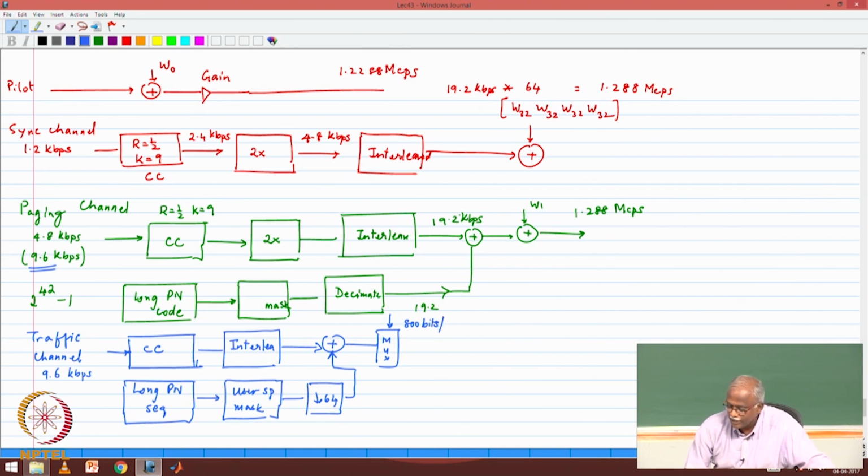It's at 19.2 kilobits per second. So you puncture some number of bits at 800 bits per second. Now which bits you puncture is going to be told by this sequence. So basically this long PN sequence, user specific mask, downsampled by 64, is going to scramble it, and it's also going to tell you some random combination of bit positions to pull out.